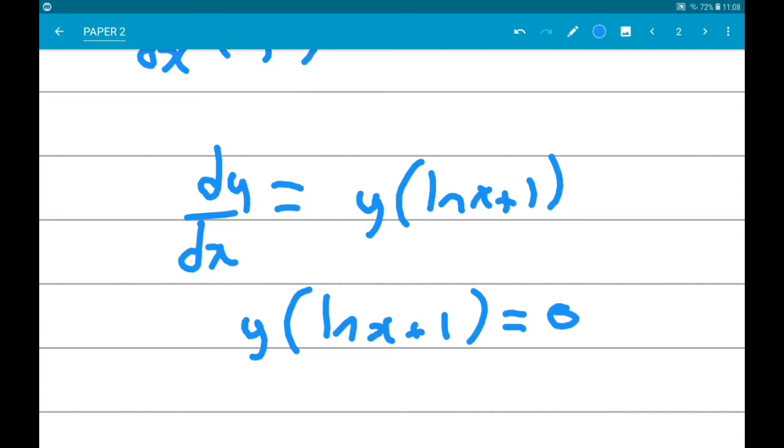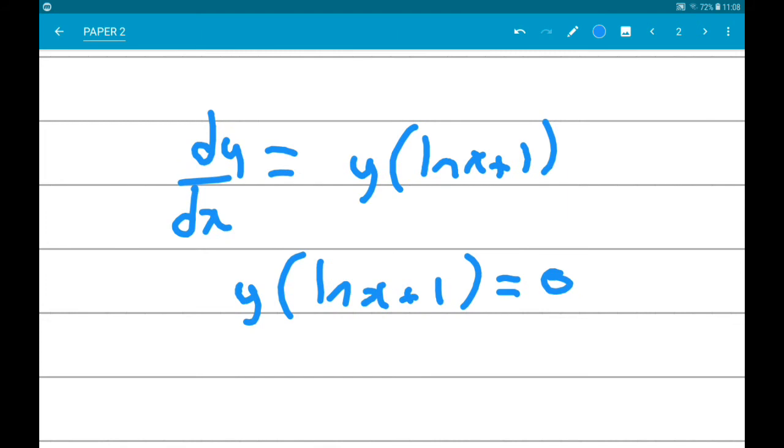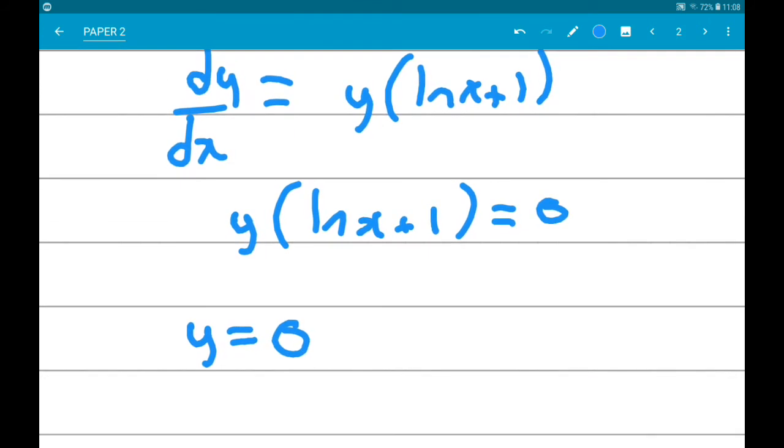So that tells us either y is equal to 0 or log x add 1 is 0. But y is x to the power x, which can never equal 0.